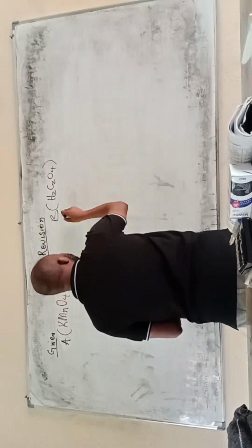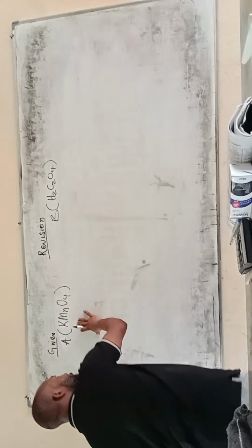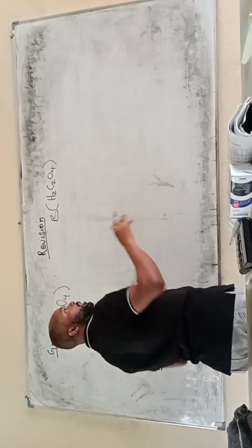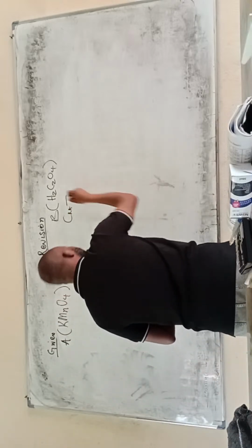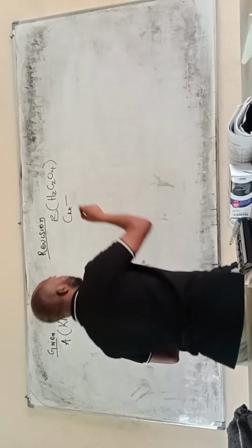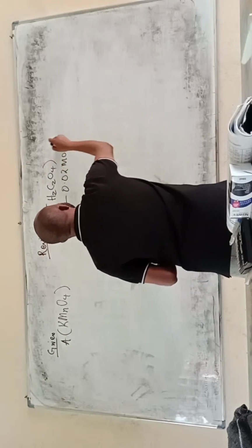Now, they've given us the concentration of the reducing agent. This is the oxidizing agent, the OA, and this is the reducing agent, the RA. So the concentration of reducing agent is given as 0.02 mole per dm cube.